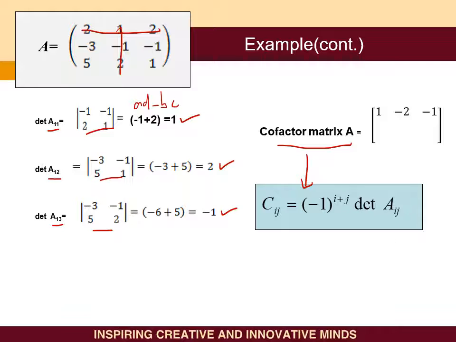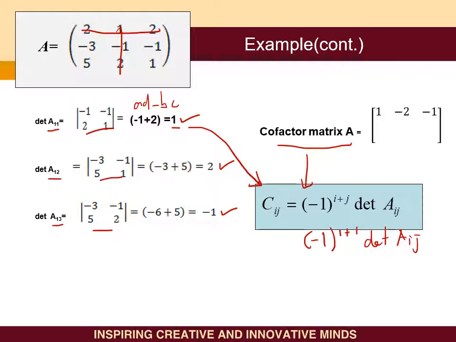After you get your answer, use this equation, insert your answer into these equations. For example, A11. So this is negative 1 to the power of I is 1 plus J is 1. Determinant A, we already calculated here, is 1.